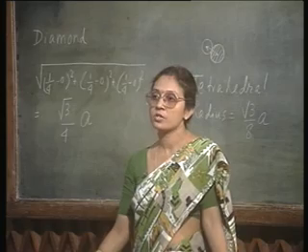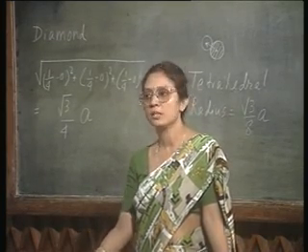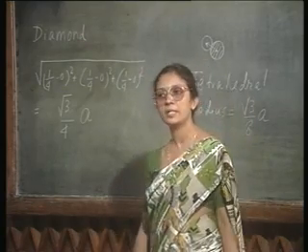If we assume hard sphere models, and each atom, each sphere, is touching the other, then the tetrahedral radius is root 3 by 8 a.